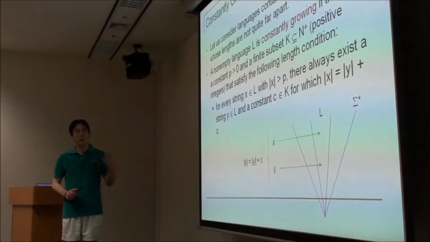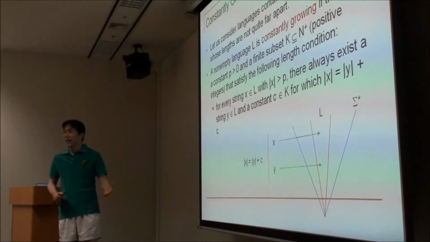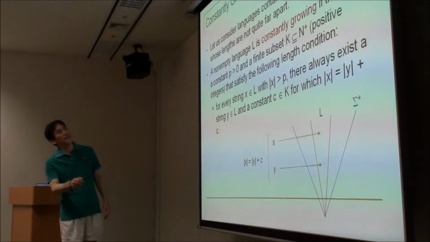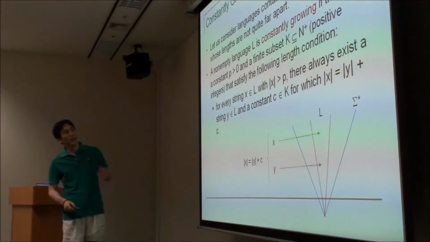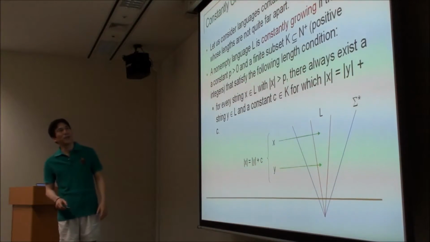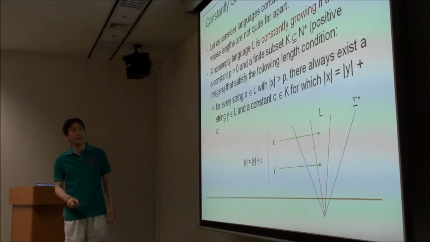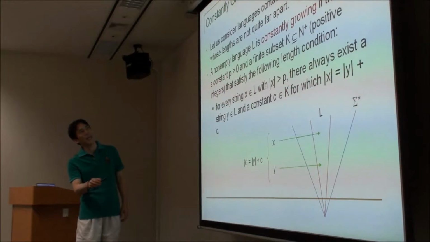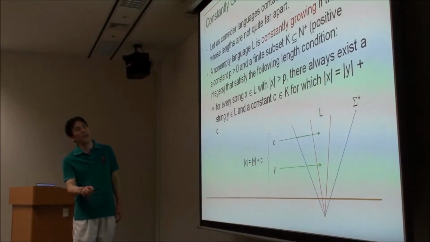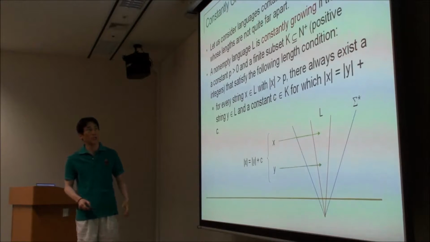Now we'll take a quick look at what kinds of languages are regular dissectable. The first one is the language called constantly growing. This is a very simple notion. A language L is called constantly growing if there is a constant p and a finite subset K of positive integers that satisfy the following length condition.